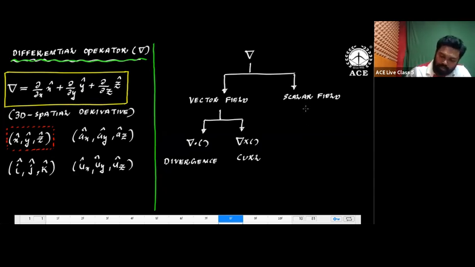If you directly multiply with the scalar field, this is called a gradient, or simply grad.